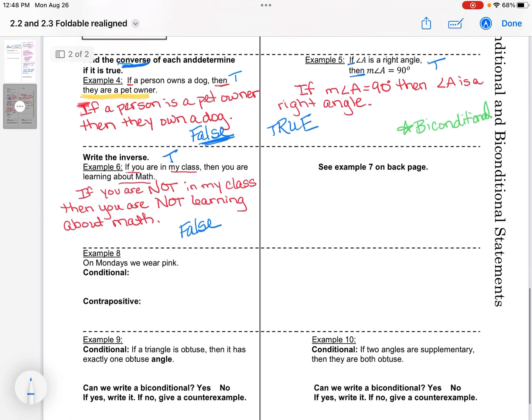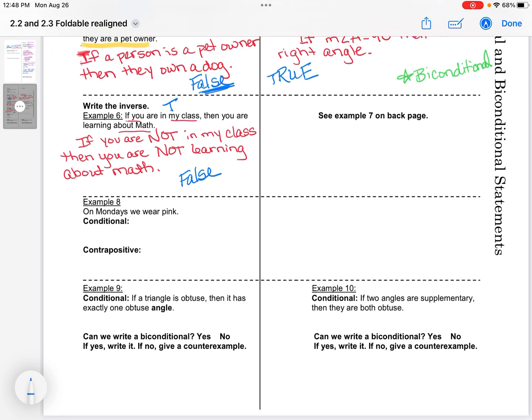Okay, so let's go down to example 8. Okay, so the conditional would be if it is Monday, we wear pink. So contrapositive, I'm going to switch it around and make it negative.